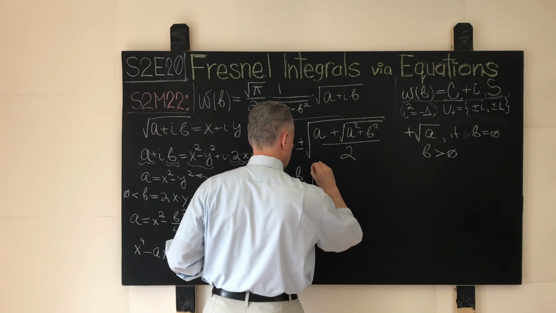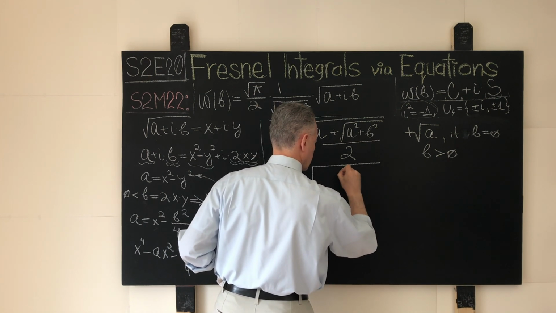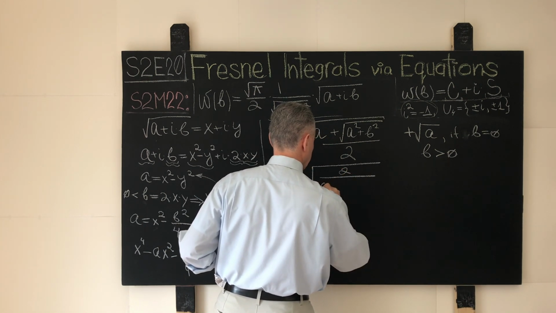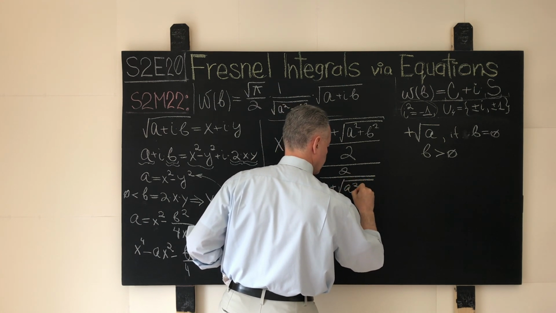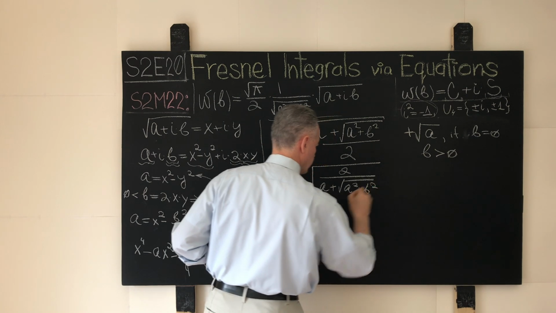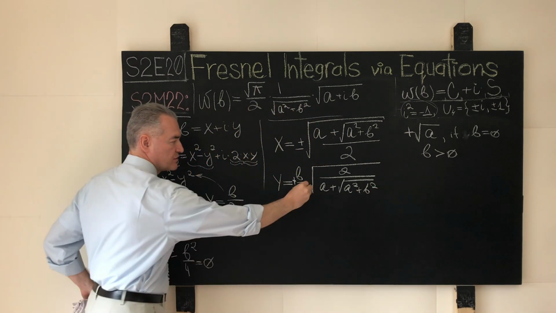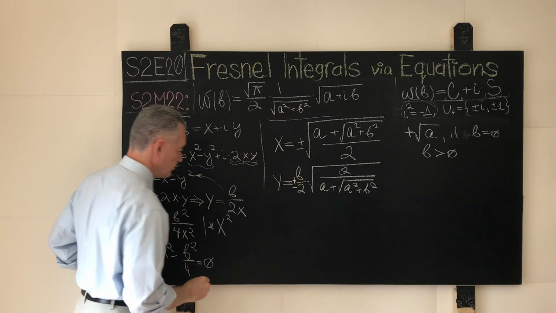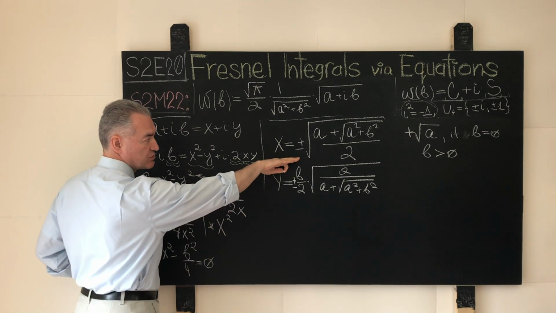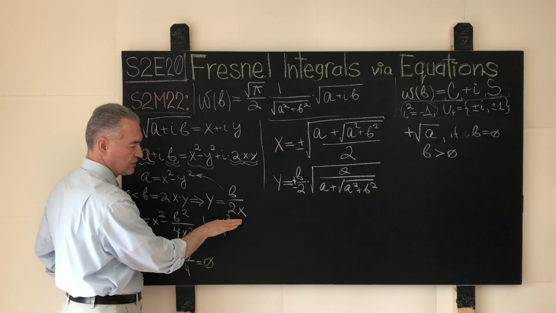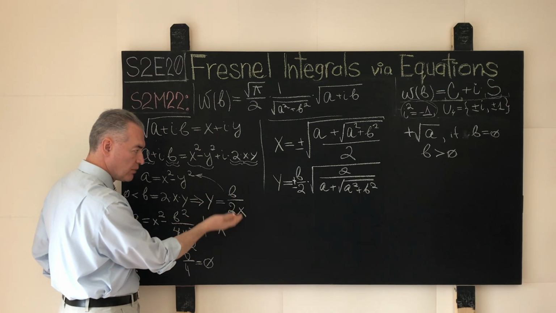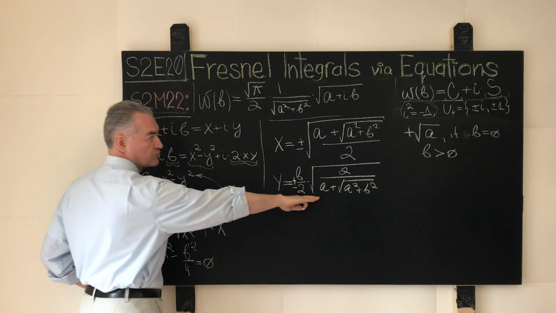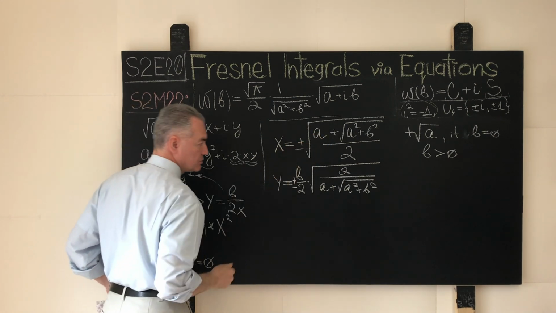It will be square root of 2 over a plus square root of a squared plus b squared. There is no magic over here. There is a product over here. We simply took this expression for x, inserted over here, or multiplied the fraction b over 2 by the reciprocal of x. Turn this guy upside down, so to speak.